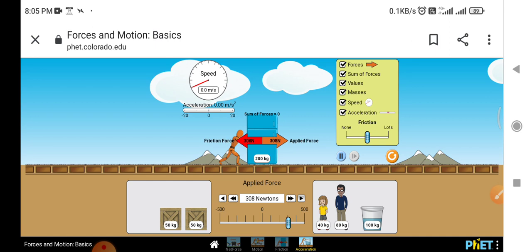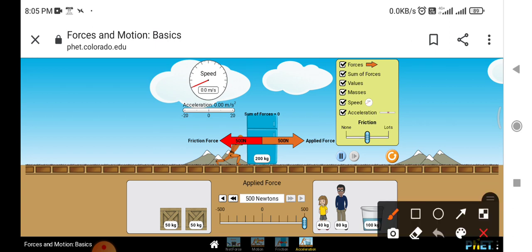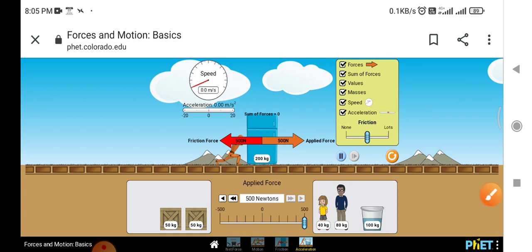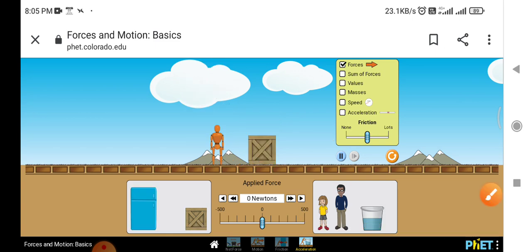The applied force and the frictional force are equal in value, so there is no movement in the object. So the 500 Newton is not enough to move the 200 kilogram object. So we will choose some other object.